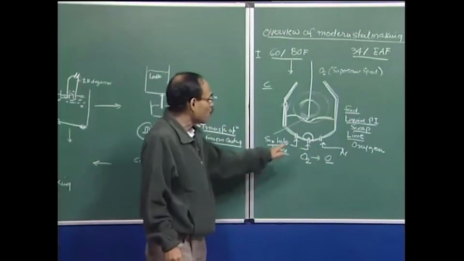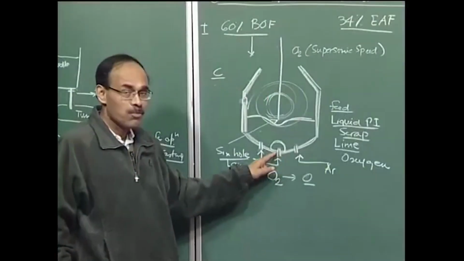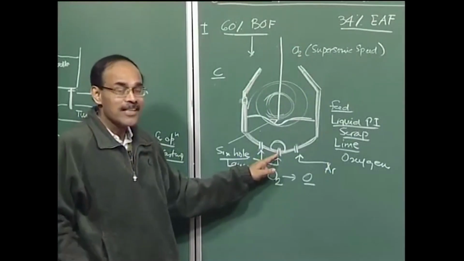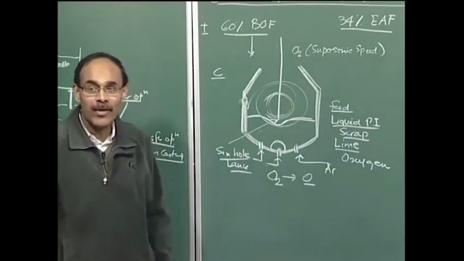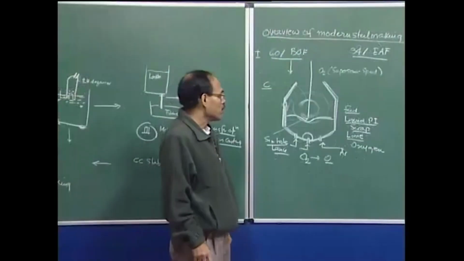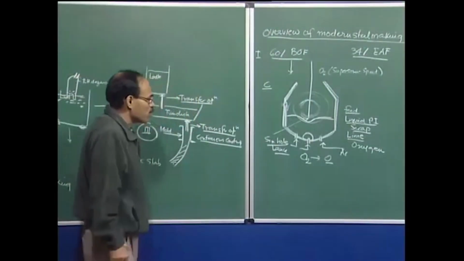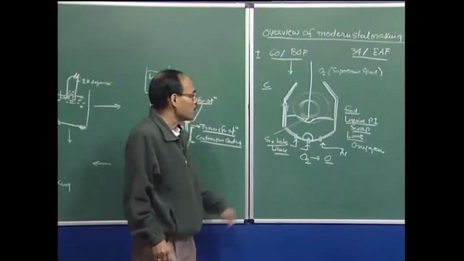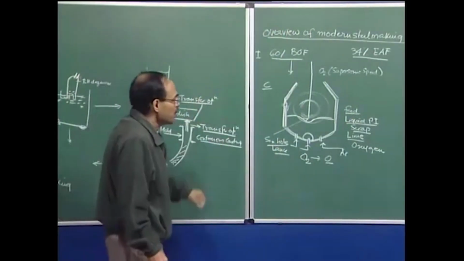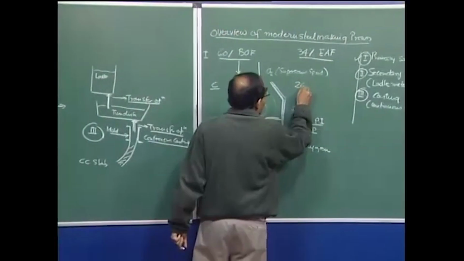This is true, but it is done to prolong the tuyere life, because if the tuyere life is less, the furnace will need frequent relining, and that will jeopardize our principal objective of using this converter for how many hits? Today, 20,000 to 30,000 hits.